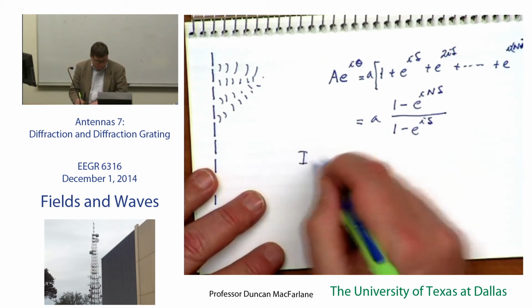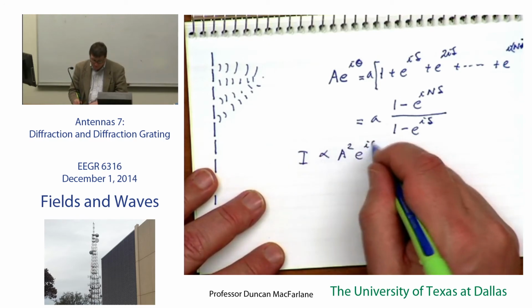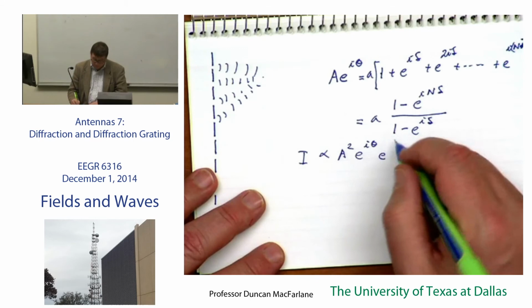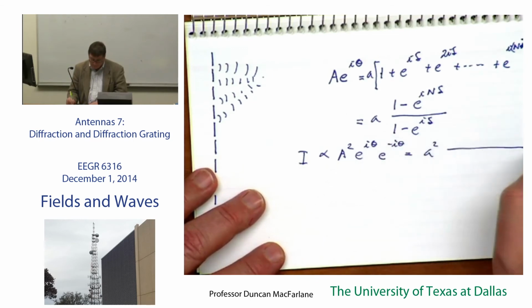So the intensity is proportional to a squared, e to the i theta, e to the minus i theta, equals a squared.